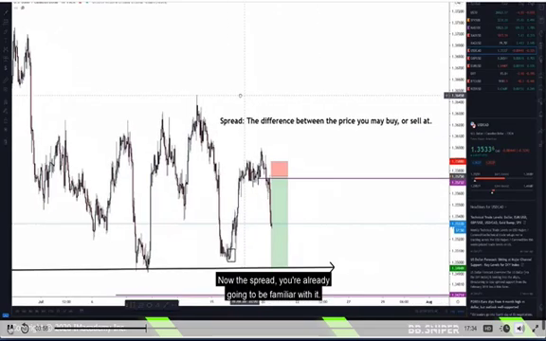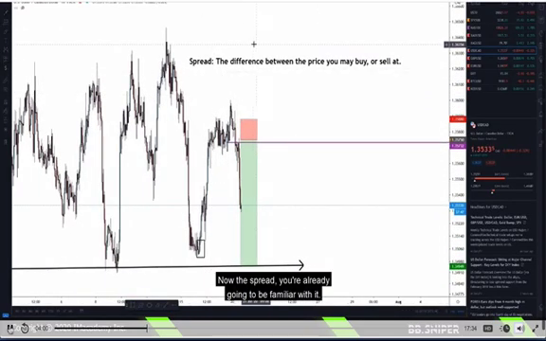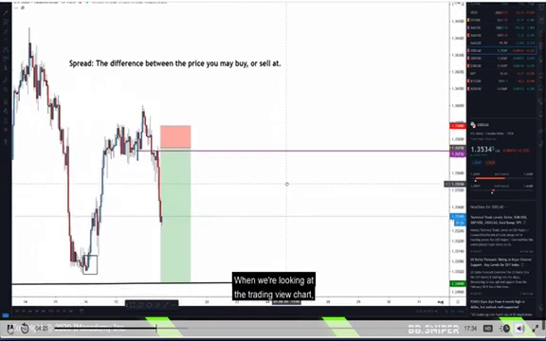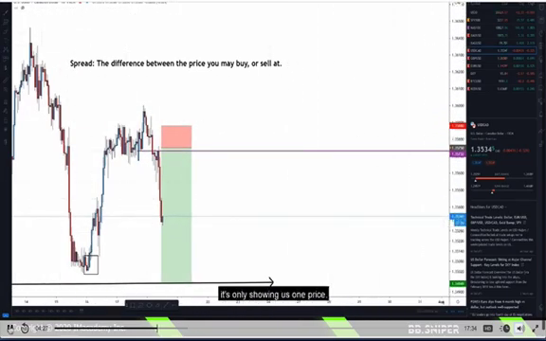Now, the spread, you're already going to be familiar with it if you've taken any live or demo trades. It's that immediate drawdown that you face. When you press buy or you press sell, do you know how it immediately puts your trade into the negative? That is because of the spread. When we're looking at the TradingView chart, it's only showing us one price.